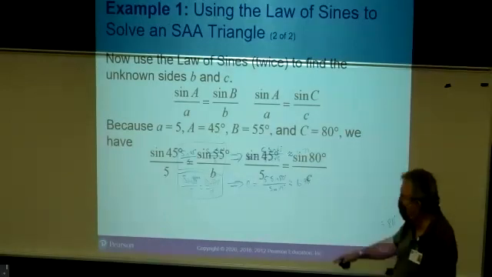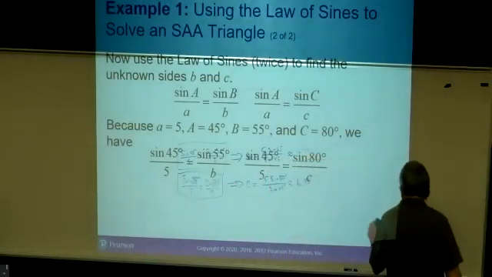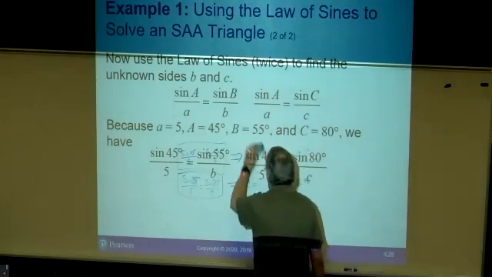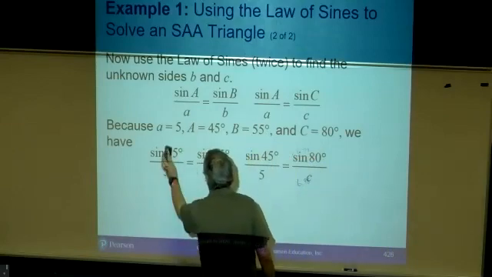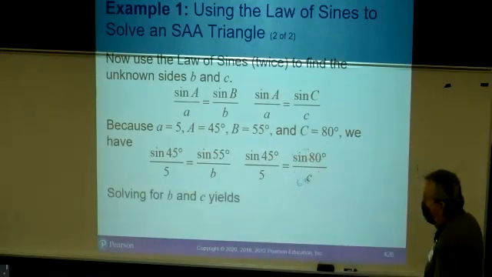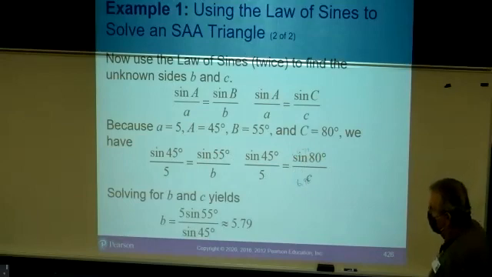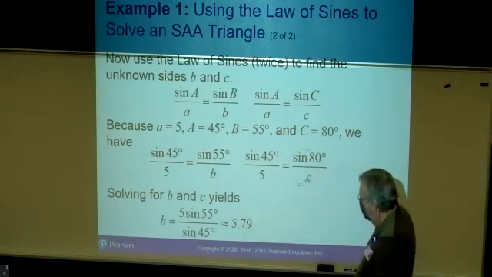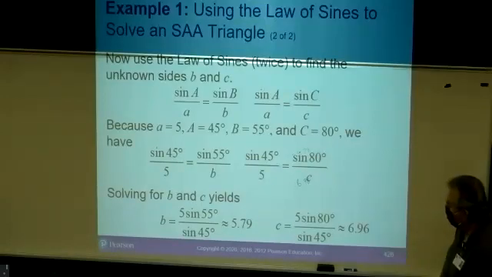So they're doing the same two functions I was doing. Erase everything with my 2 answers that I got. Solving for B and C. B gives us 5.79, and the C gives us 6.96, which is what we got.